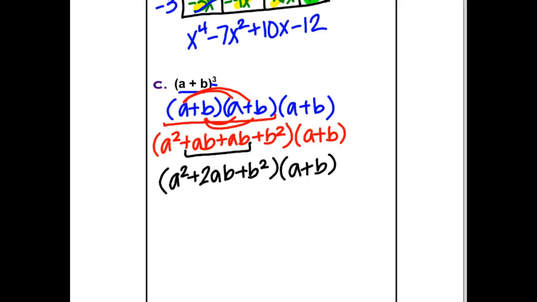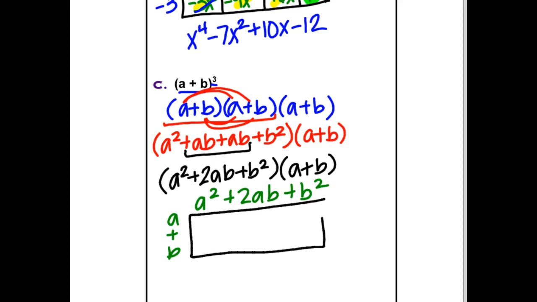And if that works for you, great, wonderful. If that doesn't work for you, then we can throw it into a lattice. So we put the a plus b down on the side and the a squared plus 2ab plus b squared across the top. And we make our box. We draw our lines.